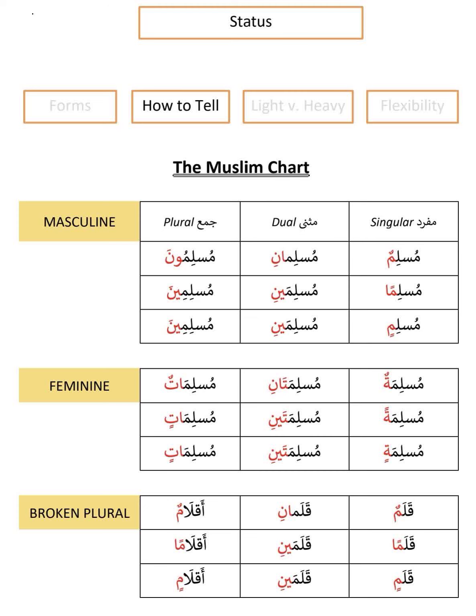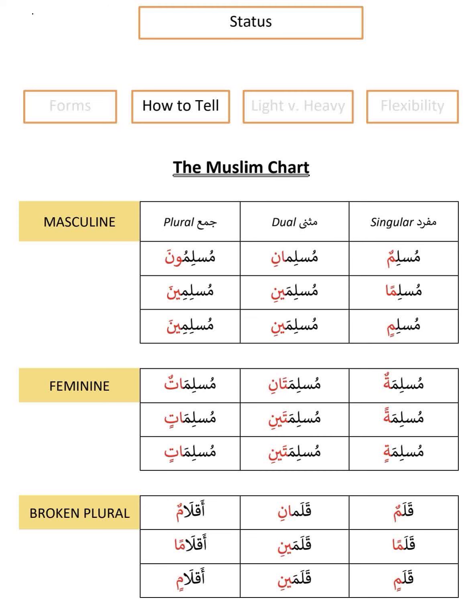Then Muslimani, Muslimaini, Muslimaini, that is pair, two Muslims. And Muslimuna, Muslimina, Muslimina, that entire column is plural, more than three. Muslimuna represents rafa, the second Muslimina represents nasb, and the third Muslimina represents jar.